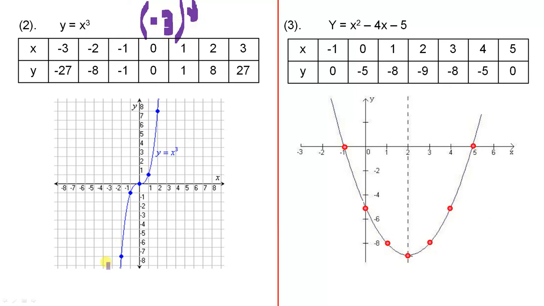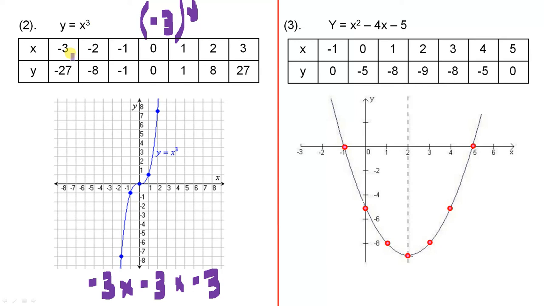Because it's cubed, that means you multiply it by itself 3 times. -3 times -3 is +9. +9 times -3 is -27. So that's why you get a negative number. And it's the same for these. And then we substitute those values in. So there are our values.